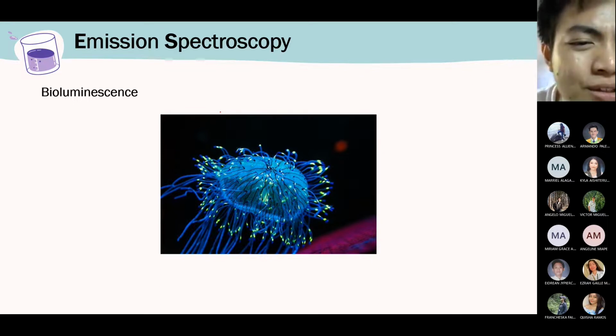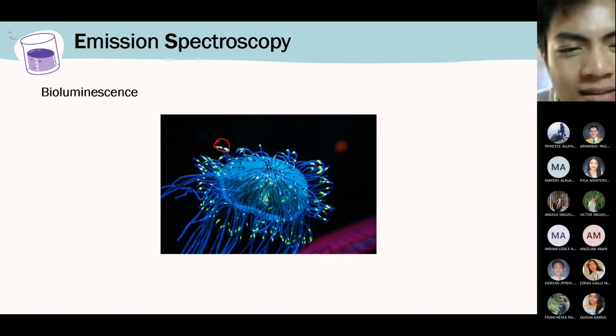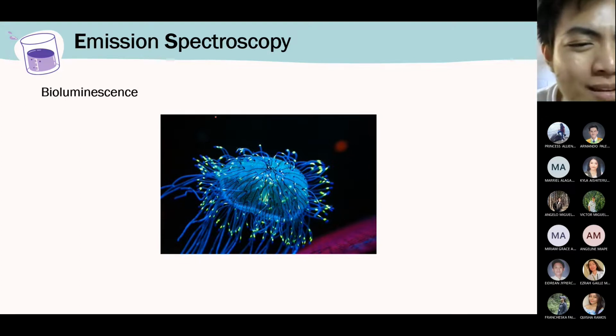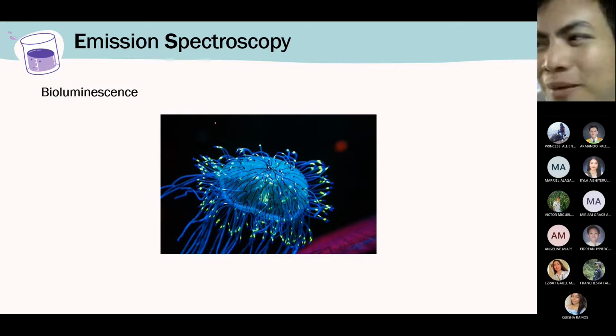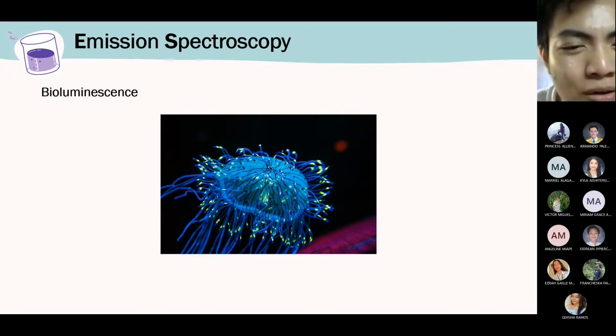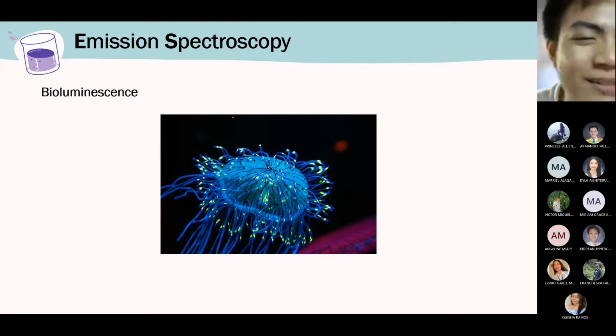The chemical reactions inside their body allow them to release light signals, and those light signals depend on their purpose in their surroundings. It can be used for mating, like showing off to look attractive, or sometimes just to signal their fellow animals, something like that.